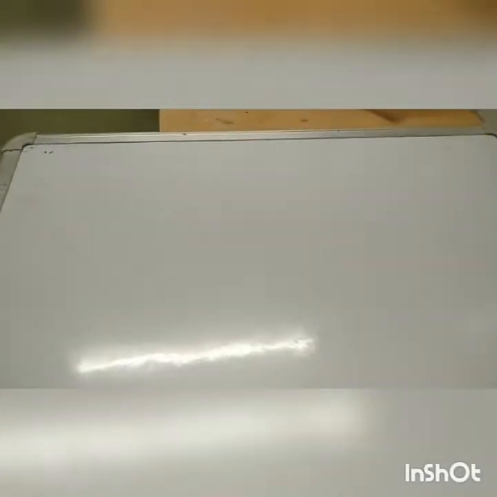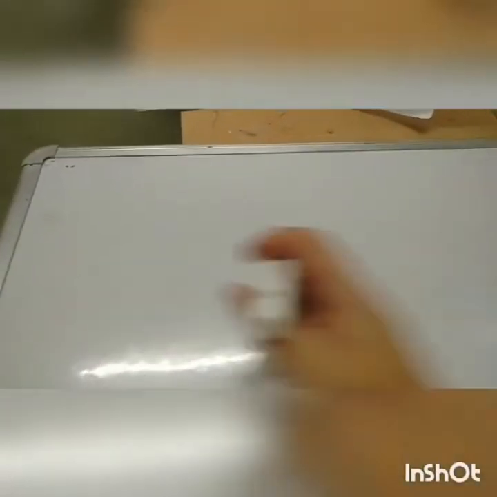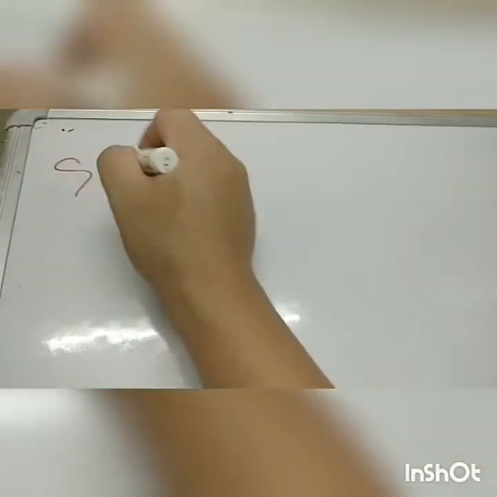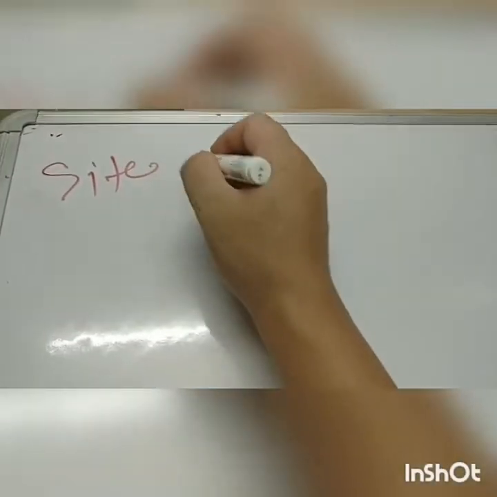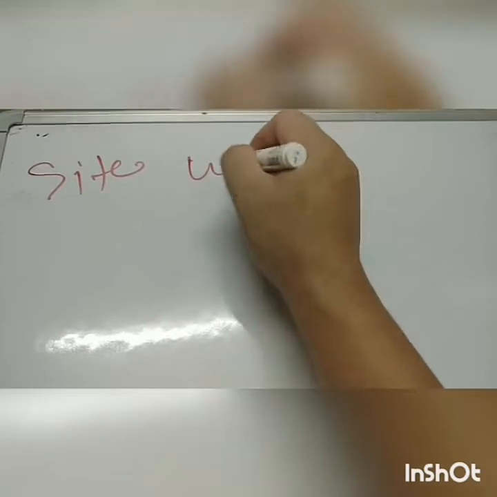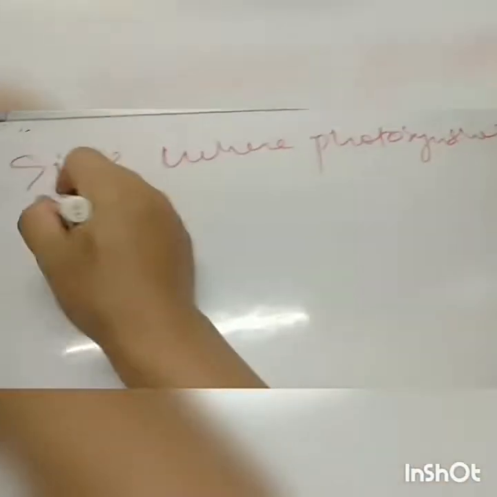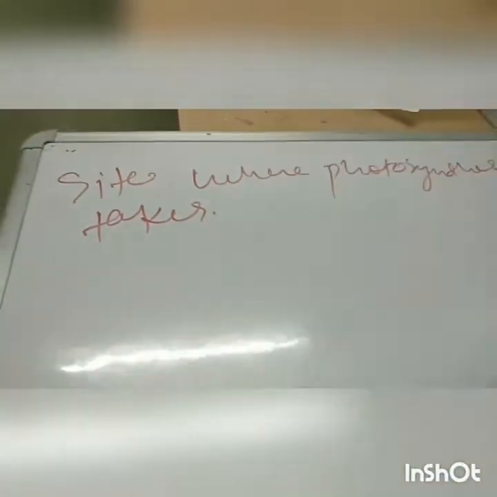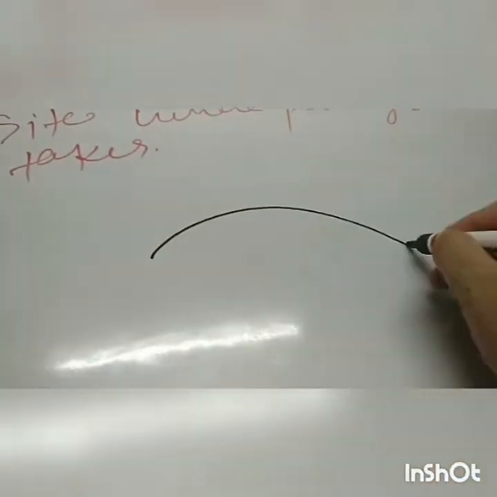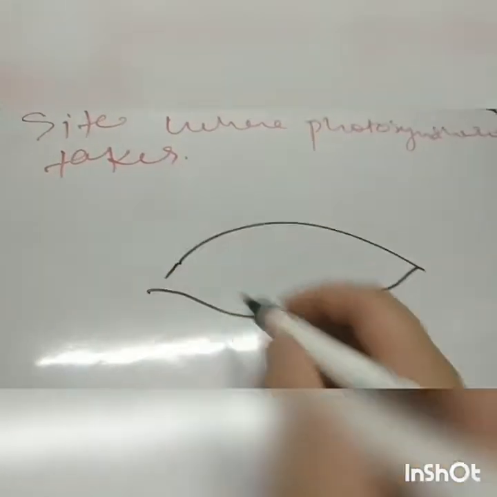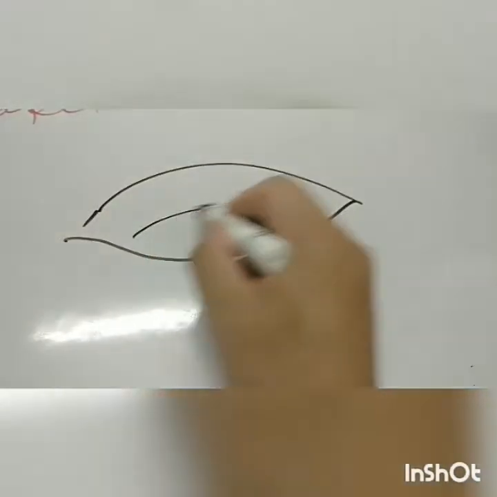Now, before we go further, I would like to make clear the site where photosynthesis takes place. Right. In green plants, suppose this is a green plant. This is a plant leaf.